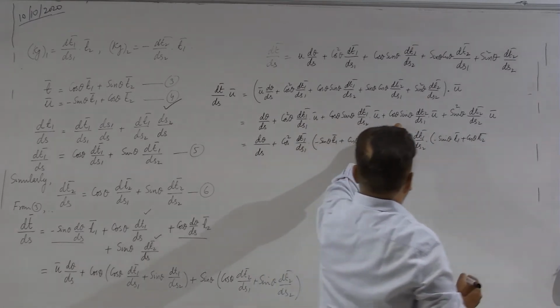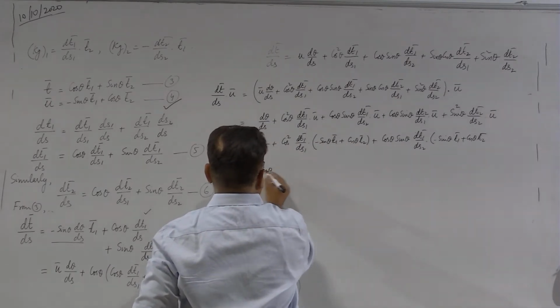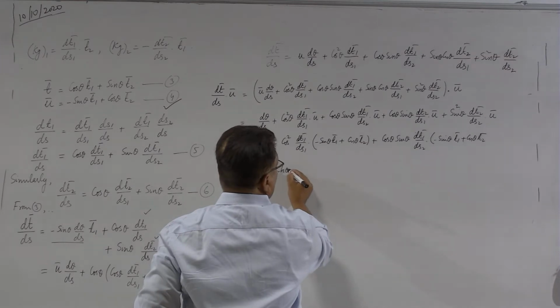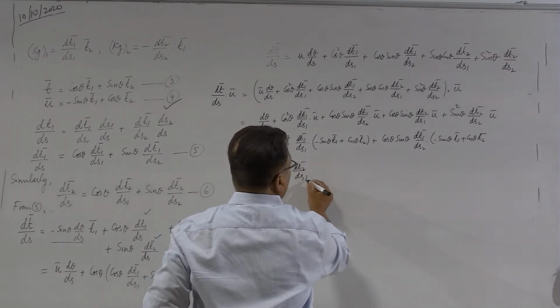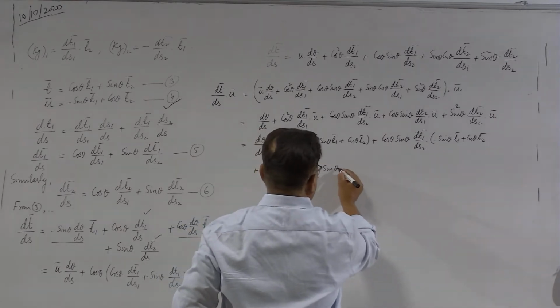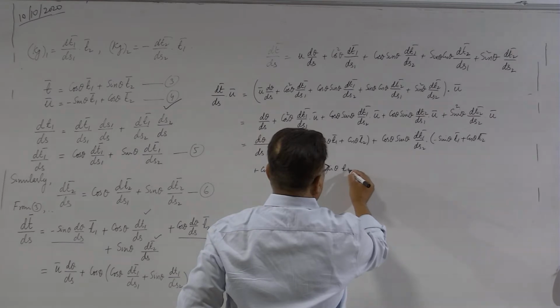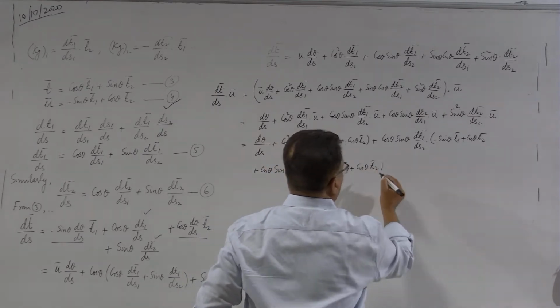Next, plus cos theta sin theta dt2 upon ds1 dot minus sin theta into t1 plus cos theta into t2.